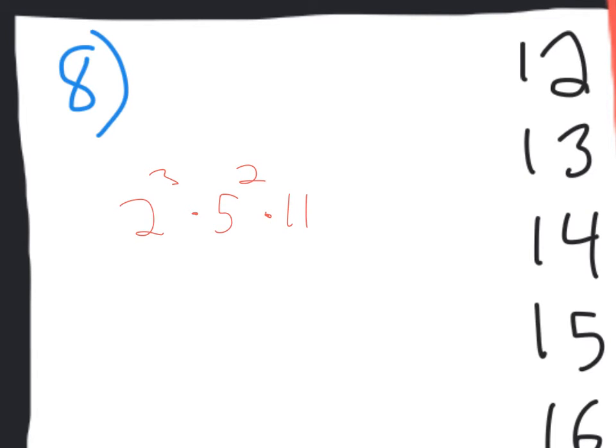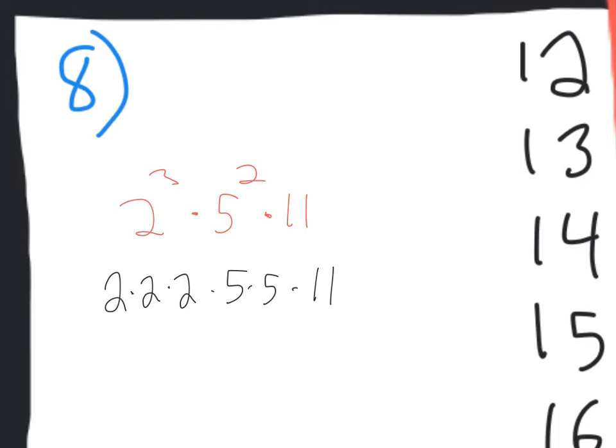About how many miles is Interstate 70? Well, this is the important information, and all we have to do is expand this out. So 2 times 2 times 2 times 5 times 5 times 11.